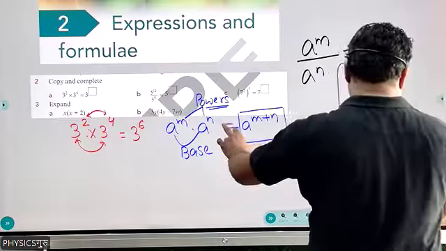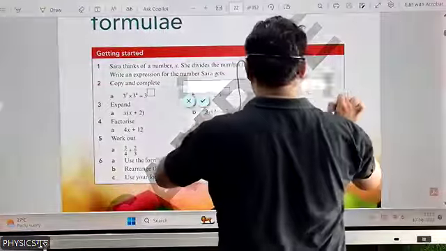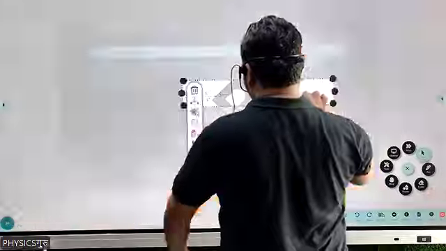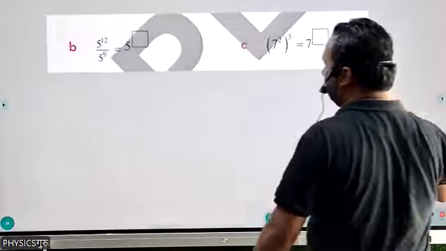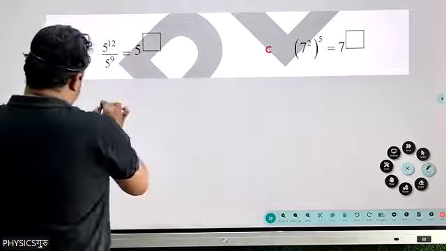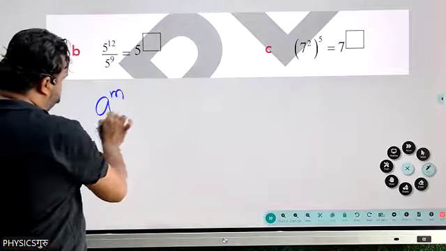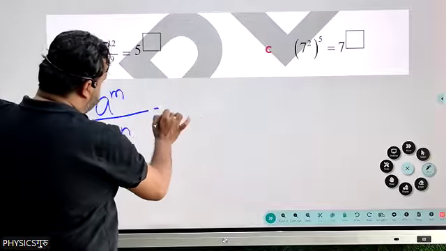So question number 2 says that 5 raised to the power 12 over 5 raised to the power 9. Use this formula. A raised to the power m over a raised to the power n is nothing but a raised to the power m minus n.